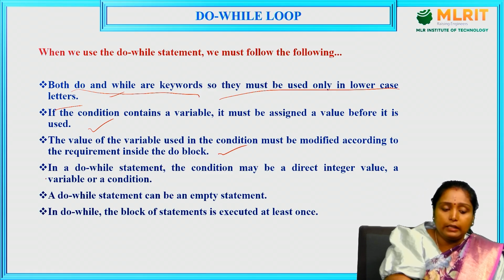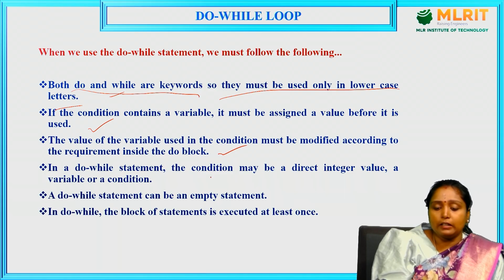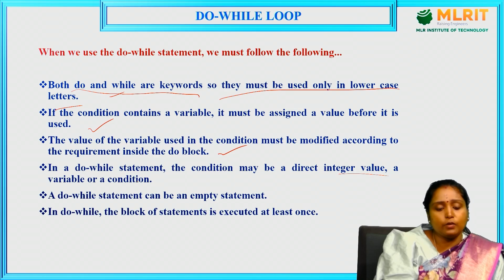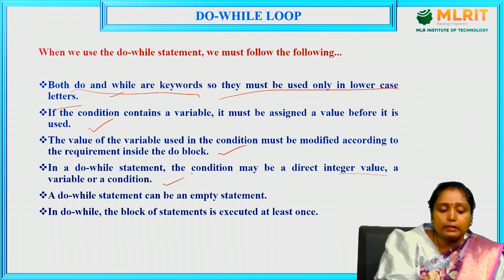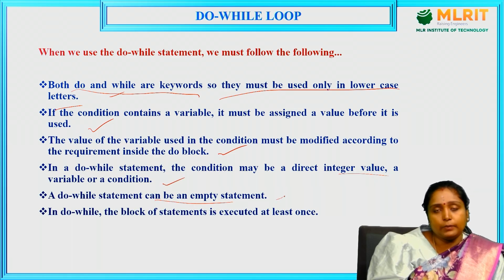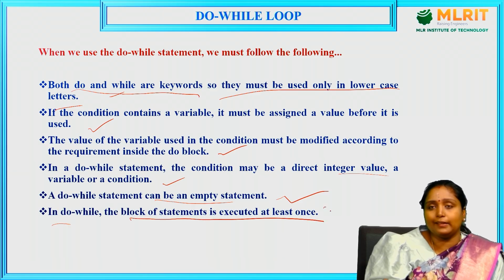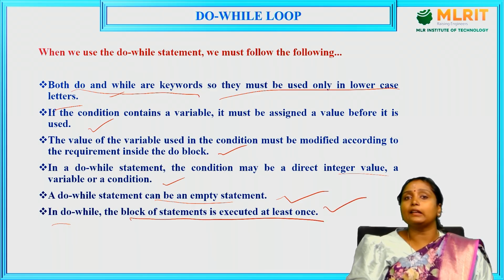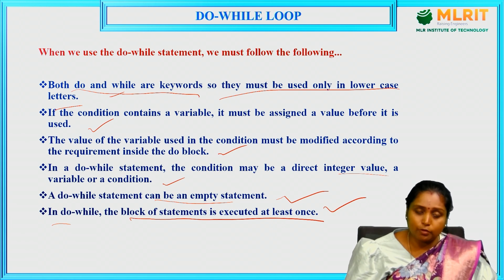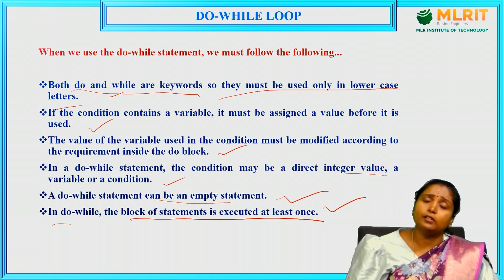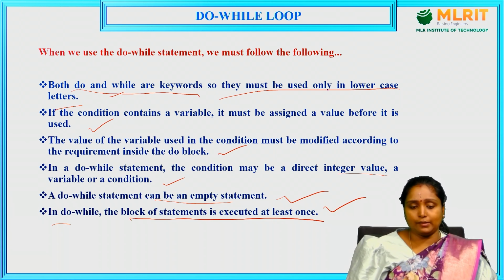In a do while statement, the condition may be a direct integer value, a variable or a condition. The body can also be an empty statement. In do while, the block of statements is executed at least once, irrespective of the condition, whether it is false or true.